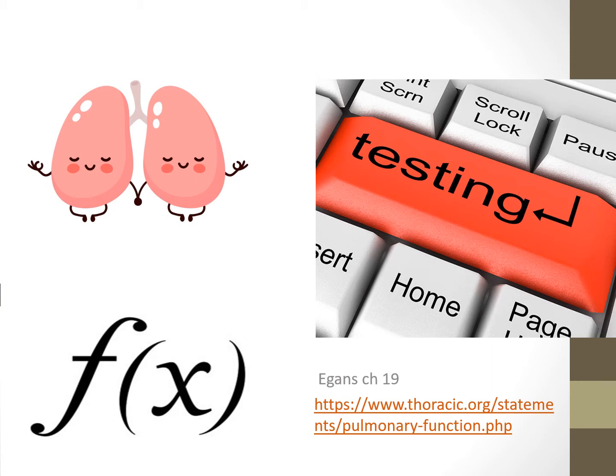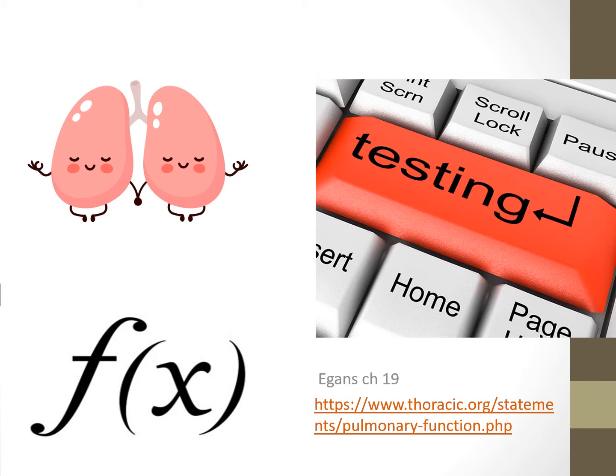So here, we're going to talk mostly out of Egan's, chapter 19. And then I also put a link down there for the American Thoracic Society, and ATS is the organization that determines all the reliability results, all the pulmonary function test data, all that stuff.